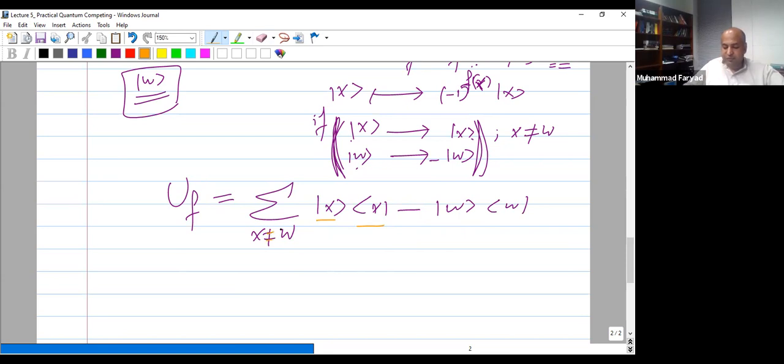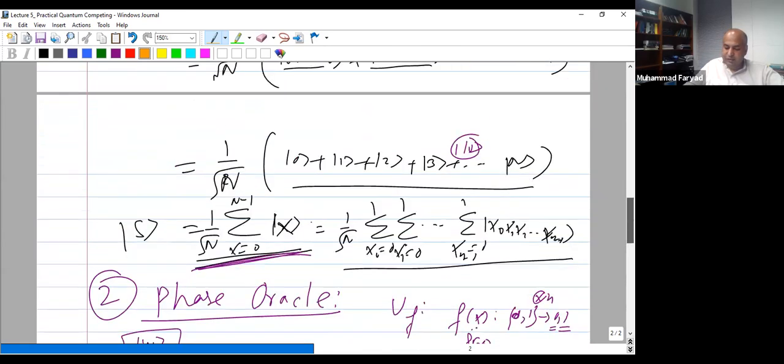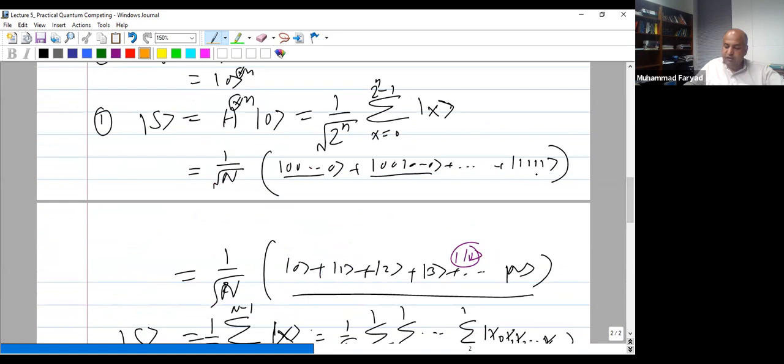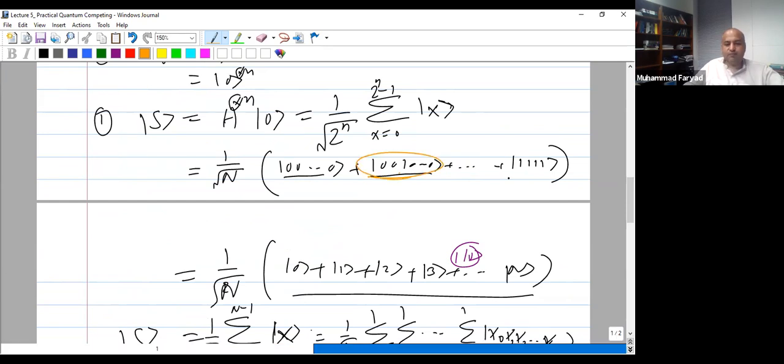So it means that this operator UF, which represents this Grover phase oracle, is just this thing, because if a state W is applied to it on this right side, WW would be 1, because W and X are orthogonal. W is one of the states and X is all others, and since all of these states, 0, 0, 0, 0, 0, 1, 0, 0, etc., are all orthogonal states, if any of them is W, for example, this is W, it is orthogonal to all other states.